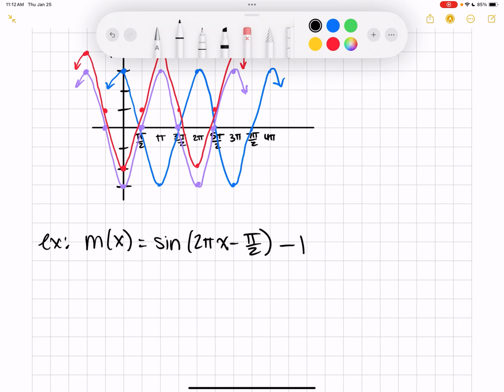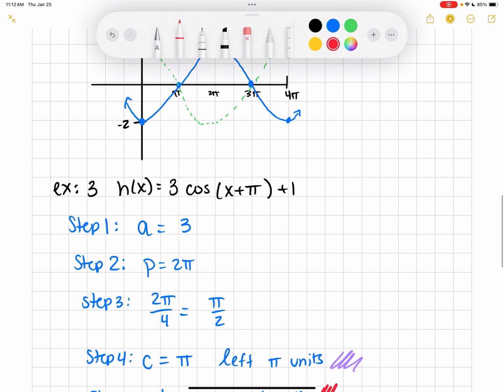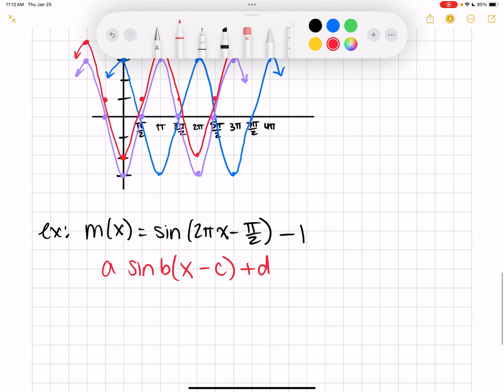Okay, well, in here, they have modified the general formula to say sine of b times x minus c, plus d. And they say that when it's in parentheses like this, the number in front of x has to be 1.